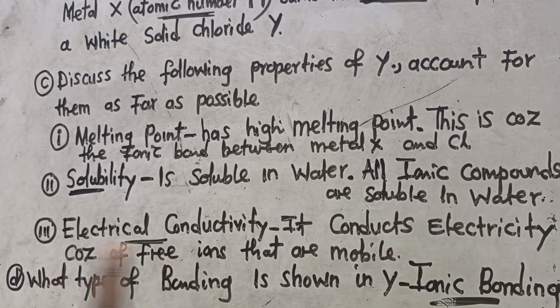It is just one and the same. The property of electrical conductivity is that an ionic compound conducts electricity because of free ions that are mobile or because of delocalized electrons. I'm just explaining one thing using different words. You can say electrons are free to move, or they are made up of mobile electrons, or because of delocalized electrons.